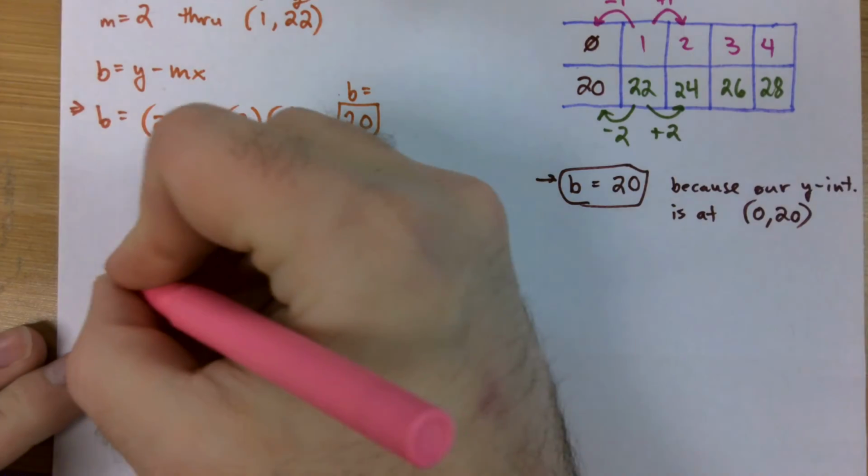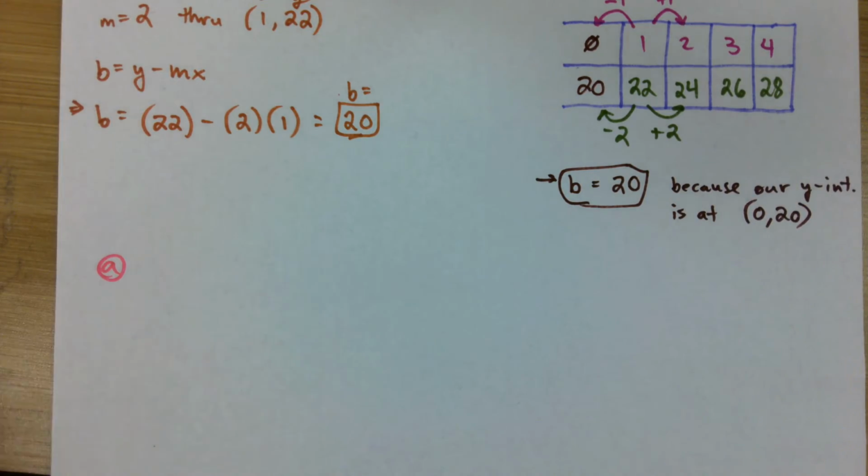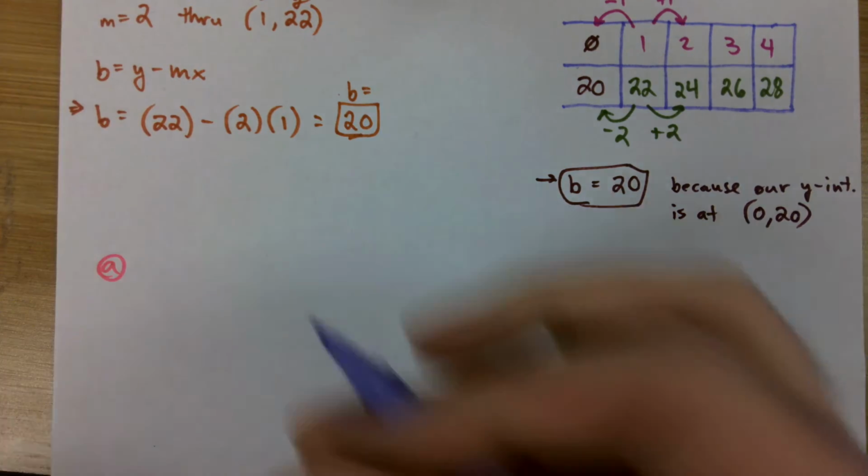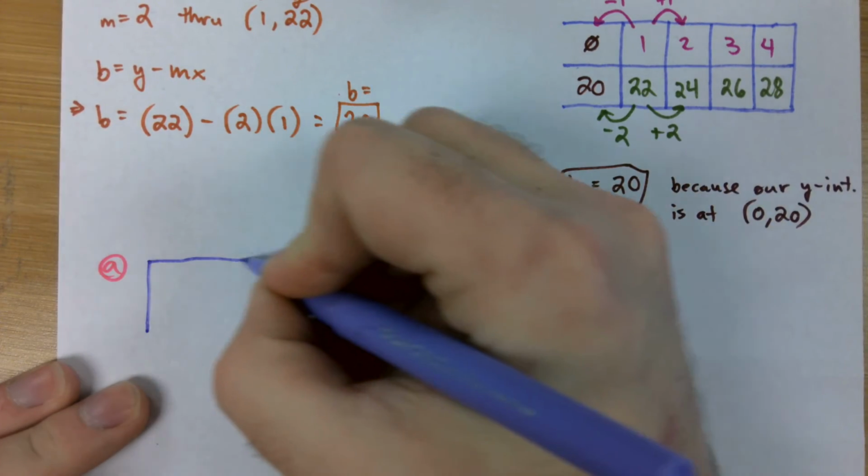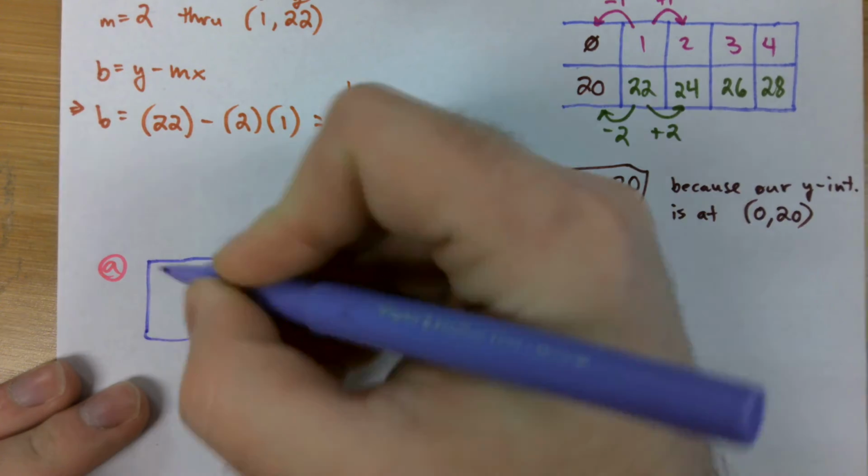All right. Let's do example A. Go ahead and copy down this box of points right here.